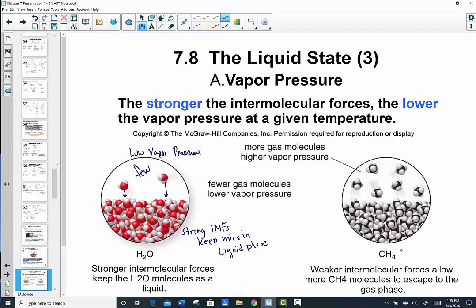But consider a nonpolar molecule, a very boring molecule like methane. This has very weak intermolecular attractions. So that means these molecules are not being held together very strongly and are more likely to escape from the liquid to the gaseous phase. And therefore, more gases up above are going to have a higher vapor pressure.